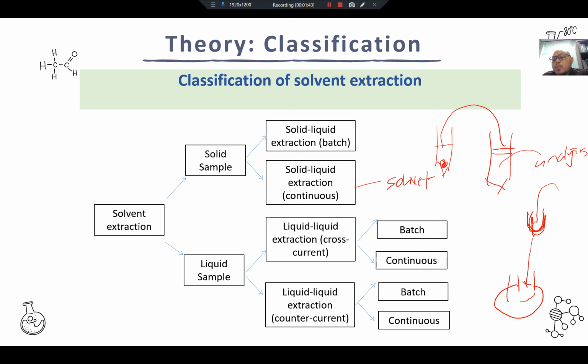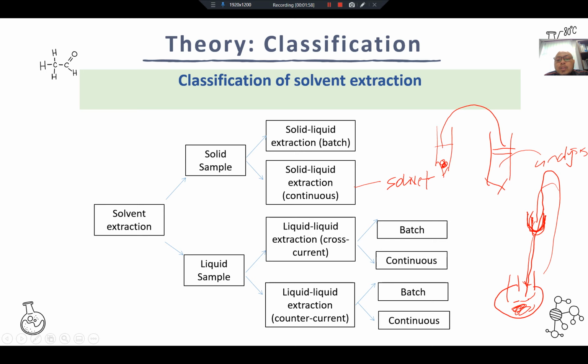So it will be continuously dripping, and as time goes on, the analyte inside of this distillation cup will get concentrated. So that is one of the examples.